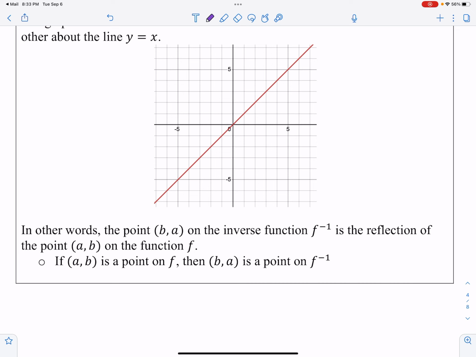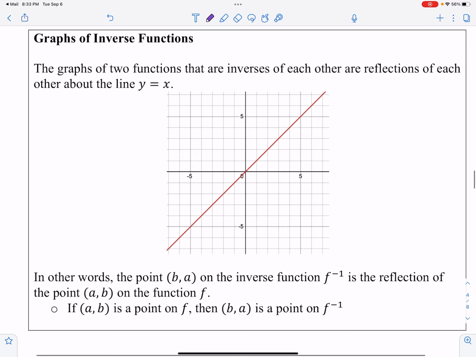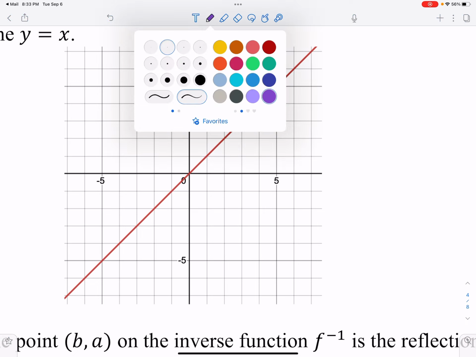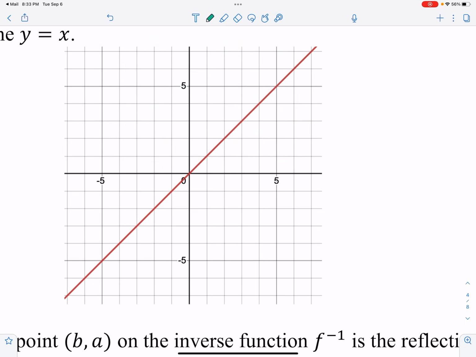So in other words, if the point b comma a lies on the inverse function, then the point a comma b would lie on the function f. So like if I drew a one-to-one function, let's do just like a shifted parabola, and do these points.